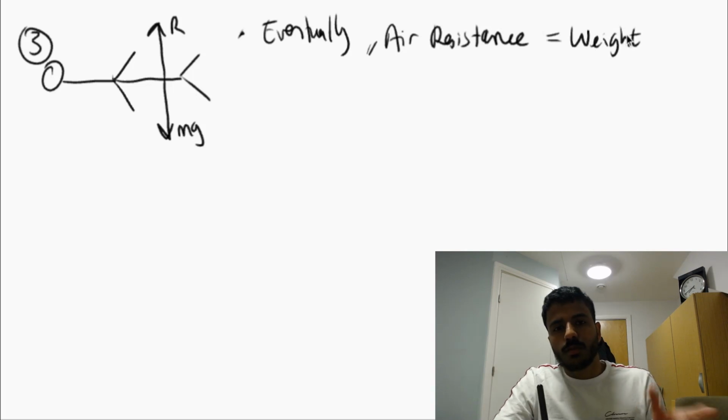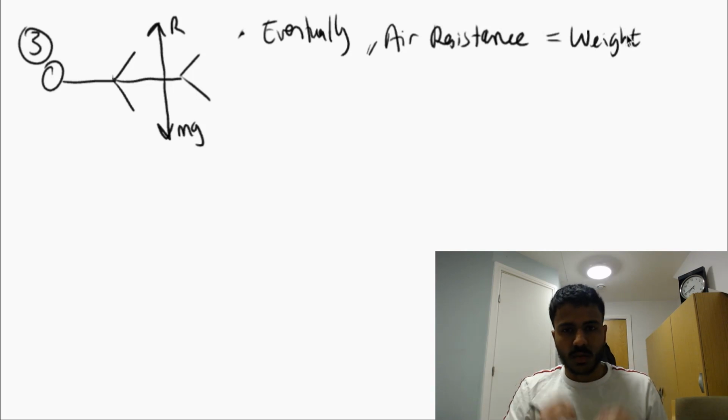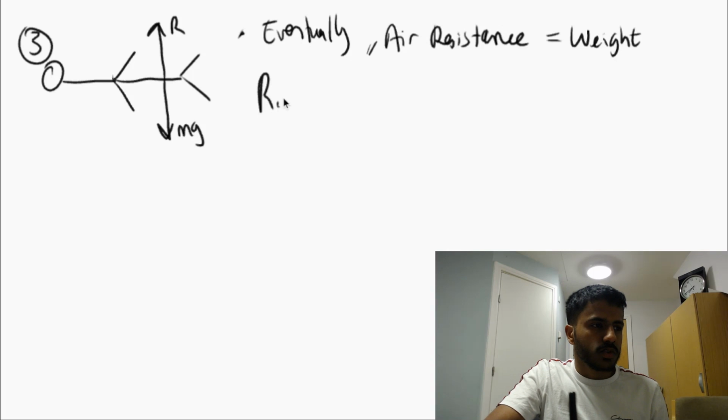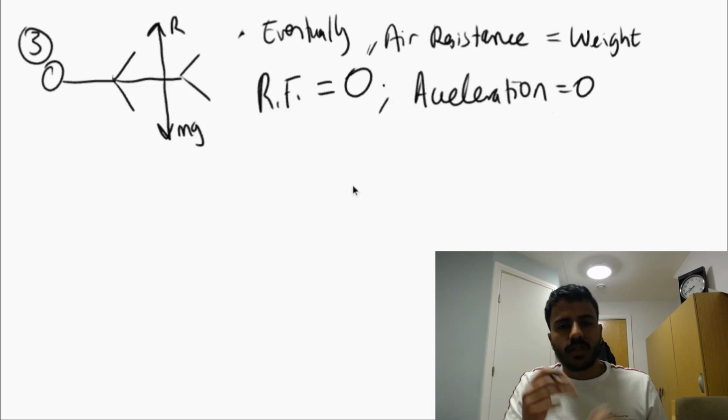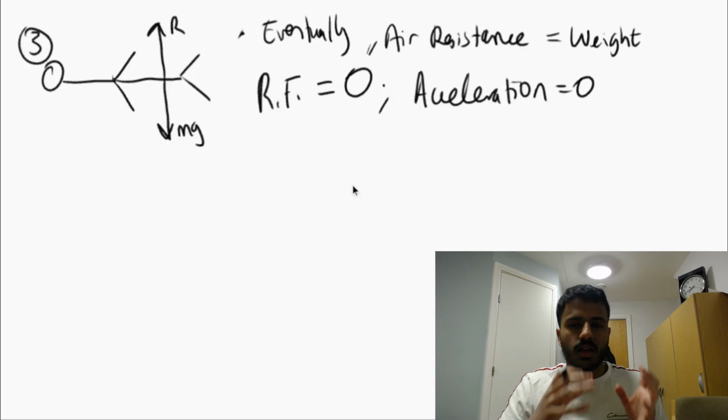And at this point, because the air resistance is equal to the weight, the resultant force is zero. And we know because of F equals ma, this means that the acceleration is zero.